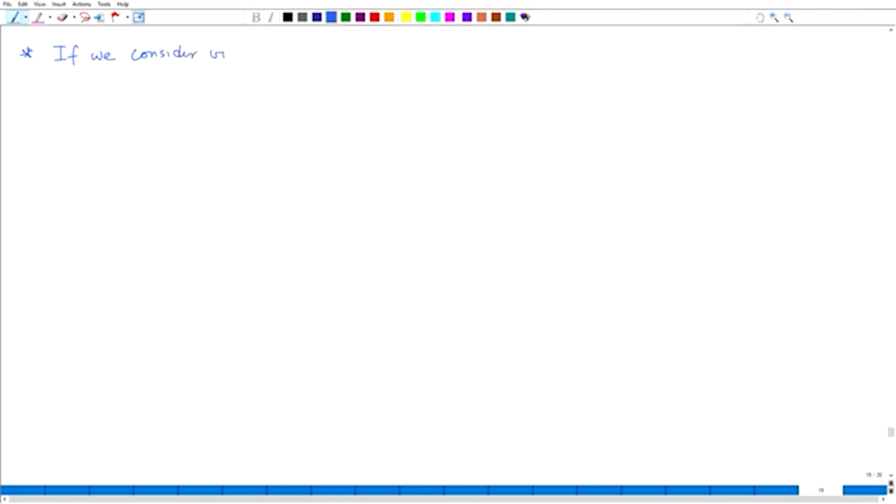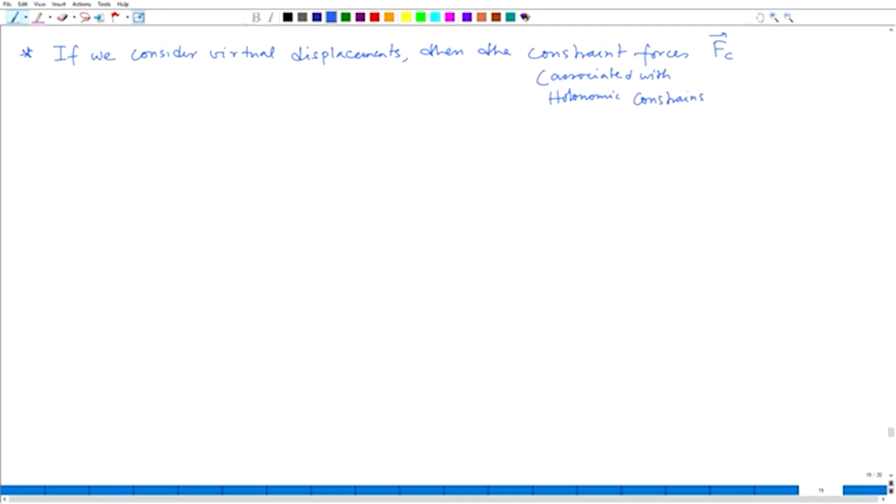if we consider virtual displacement, then the constraint forces Fc, of course, we understand here constraint forces mean mostly those associated with holonomic constraints, will be perpendicular to the virtual displacement, and hence Fc dot delta r will be 0.